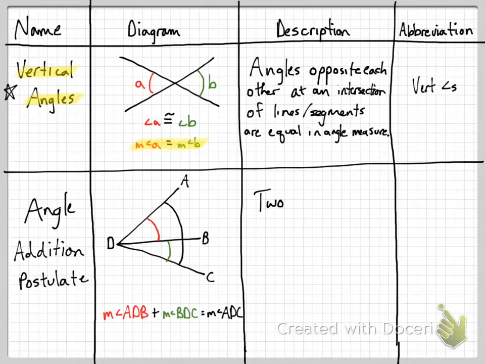But we've got 2, and it could be more than 2, so I'll put 2 or more angles, or adjacent angles, I'll add that in. I'll come back to that term adjacent.